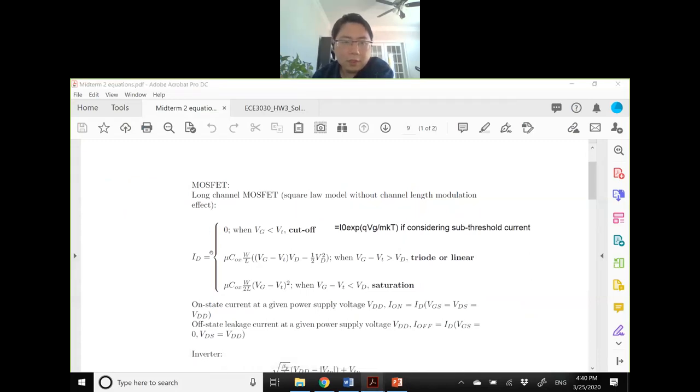for the current, we have 3 regions for the MOSFET. Firstly is this cutoff region, where the gate voltage is smaller than the threshold voltage. And to the first order, if we consider the non-channel, then it's almost 0. But if we consider the sub-threshold current, then the current is not exactly 0.